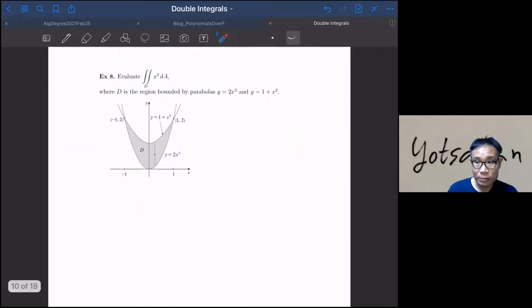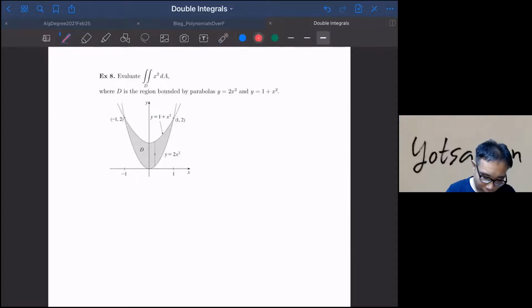The next one is going to be this picture, and this picture is quite easy. You see that it's going to be the region, and you would like to integrate x squared dA, and we have the region D bounded by the parabolas y equal to 2x squared and y equal to 1 plus x squared. For this one, I'm just going to set it up for you.